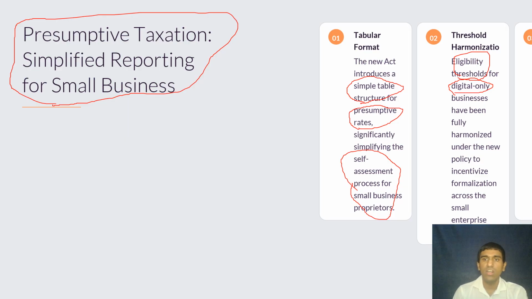That way those digital-only businesses are not taxed vaguely or complexly. They are also now under the rates specified in the table for presumptive taxation in the new act. So again, it's somewhat simplified.